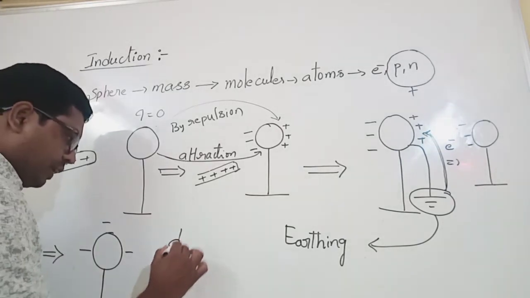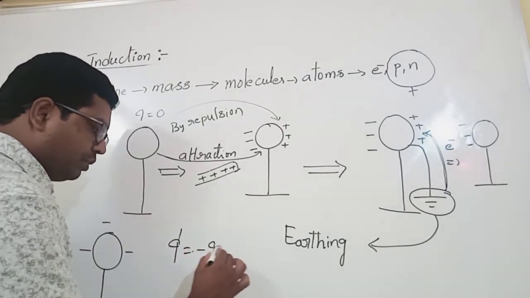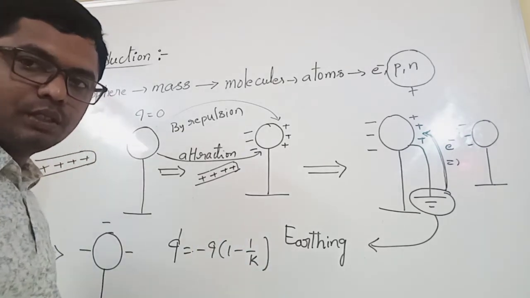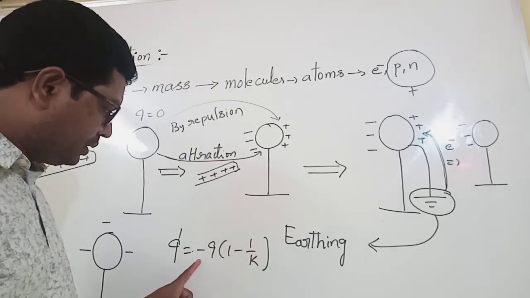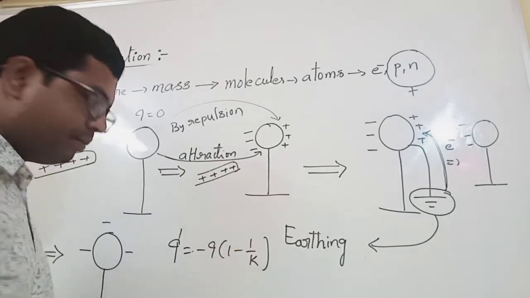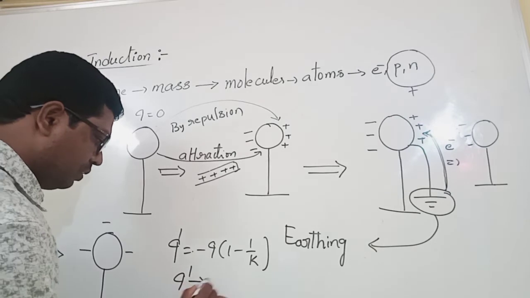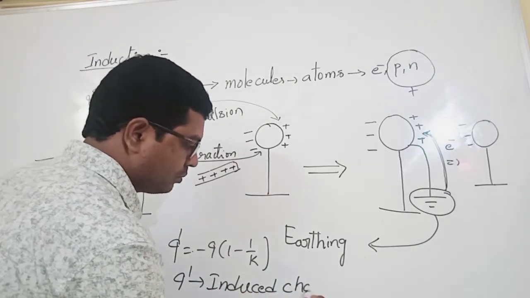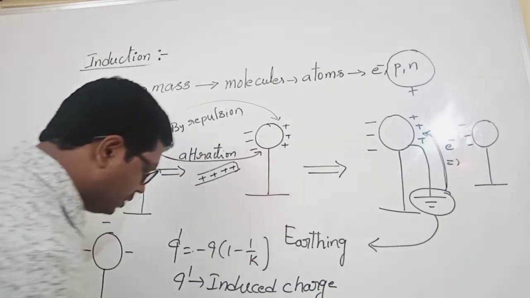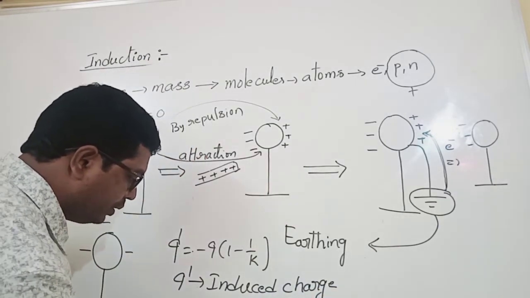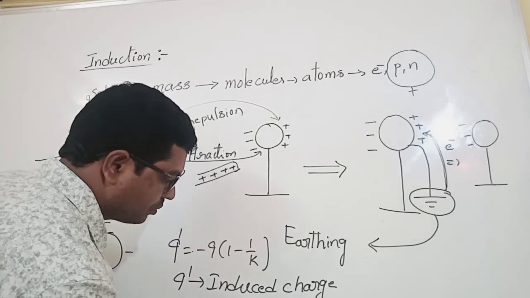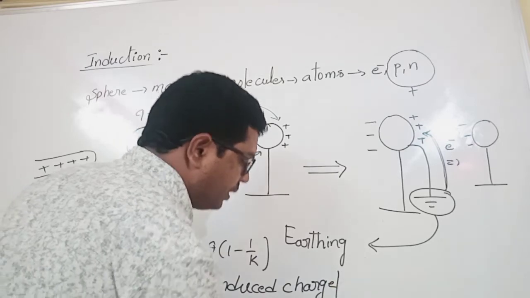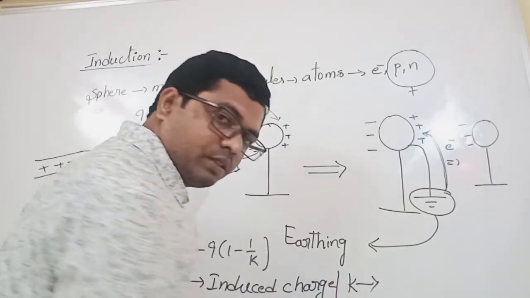Induced charge Q dash is equal to minus Q into 1 minus 1 by K. Q dash is called the induced charge, Q is called the inducing charge, and K is called the dielectric constant.